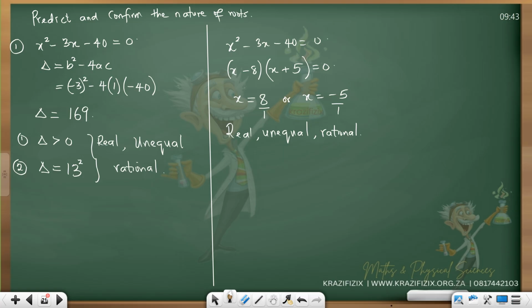Remember, I could also solve by saying x equals minus b plus or minus the square root of b squared minus 4ac over 2a. My answer will still be that. Let me know if this makes sense. We predicted and we are correct by looking at our discriminant.